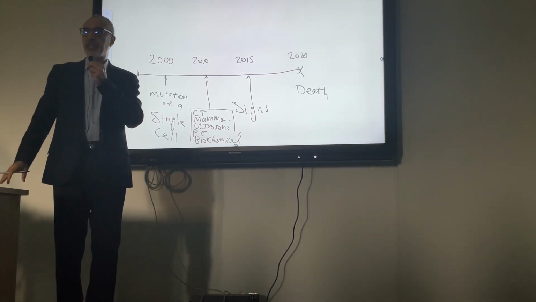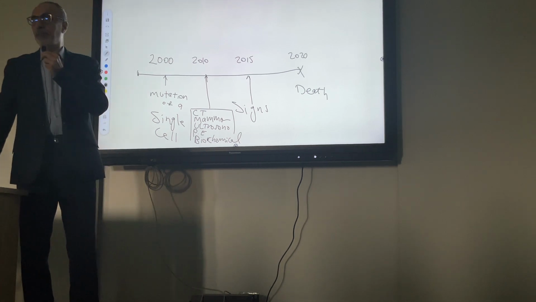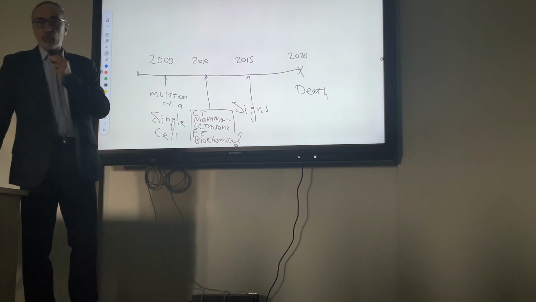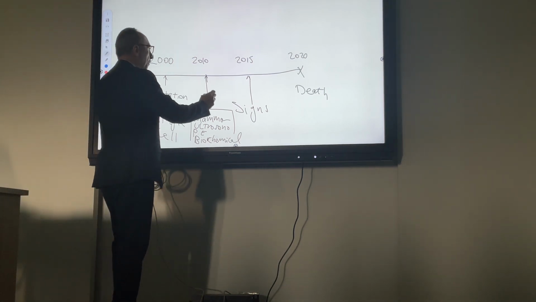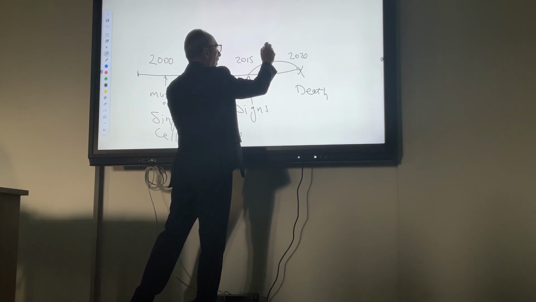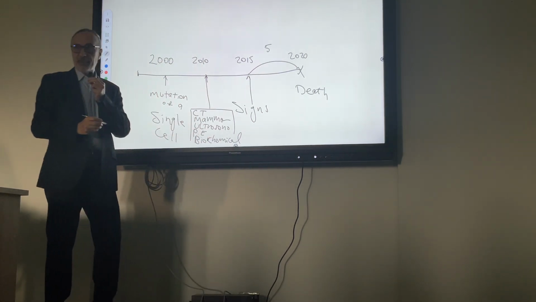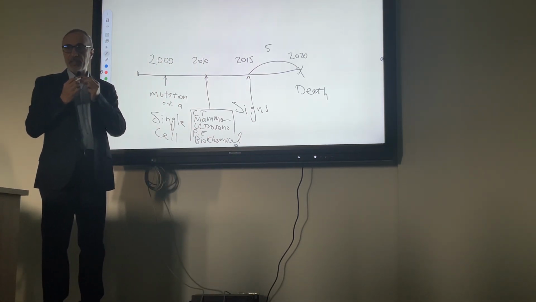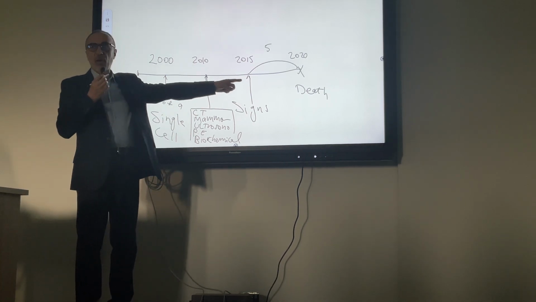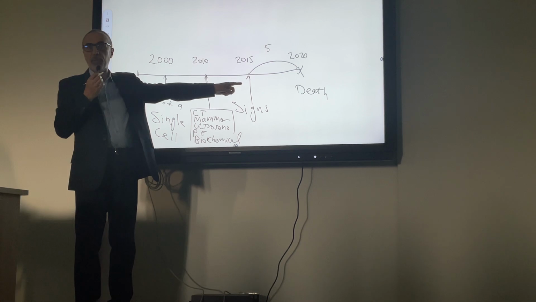And 5 years later, even with treatment, the patient dies. So the life expectancy from diagnosis is 5 years. Life expectancy means how many years we expect that on average these people live.